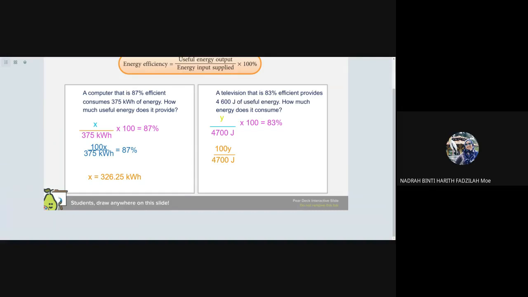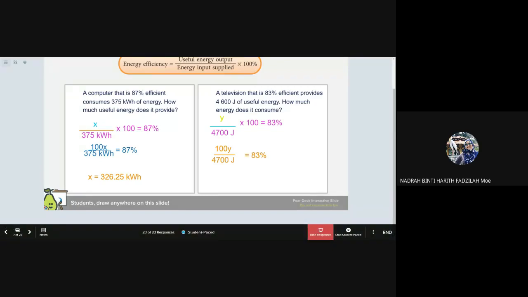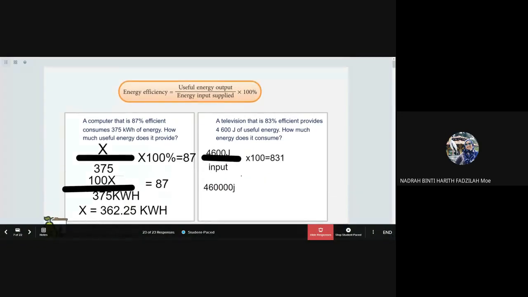Okay. Sekarang ni saya punya screen pula freeze. Sekejap ya. Banyak sangat ya. Okay.